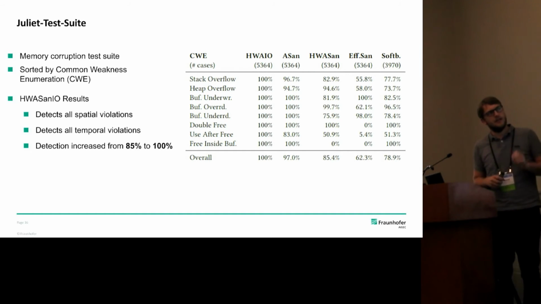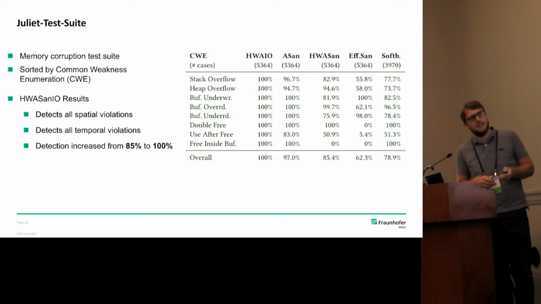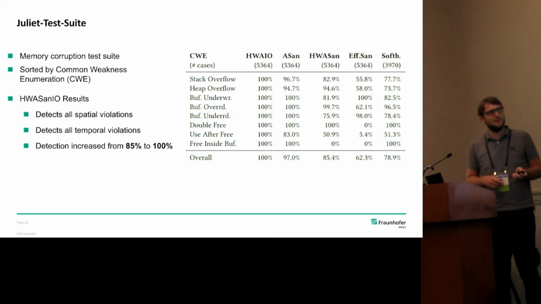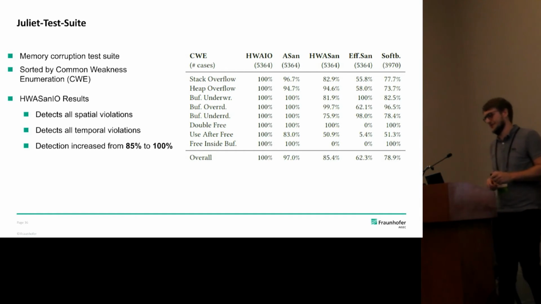When we compare the results of the traditional hardware-assisted AddressSanitizer, which is this one, you can see that it only detects about 85% of the test cases. Now for our framework, we actually managed to detect all of the test cases in the Juliet Test Suite.